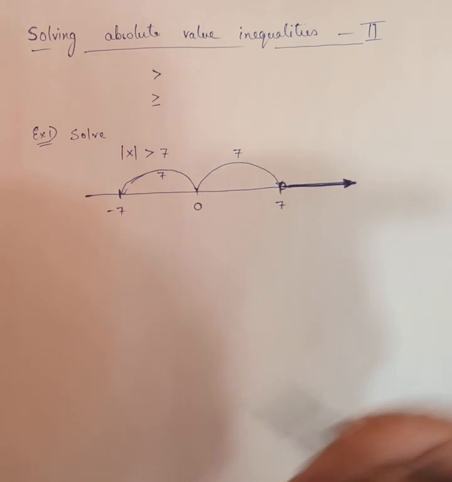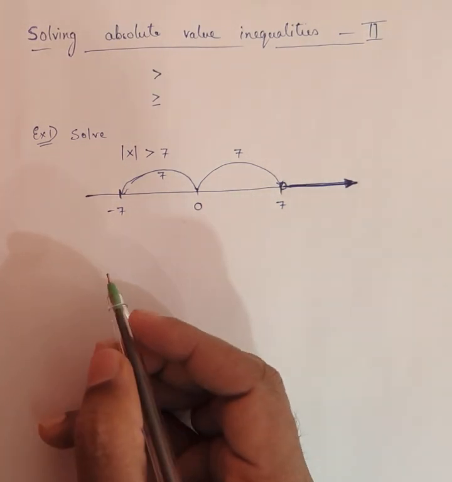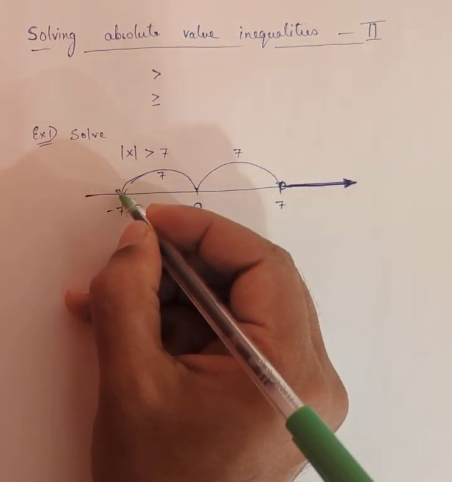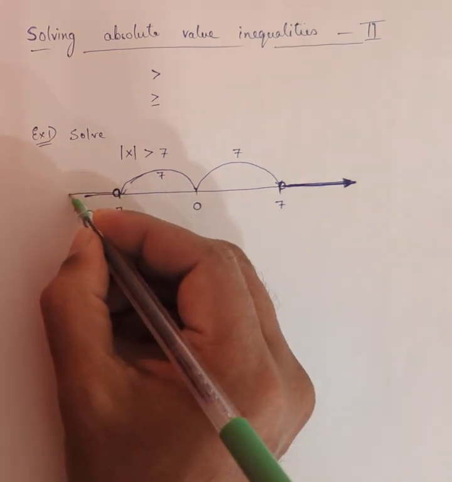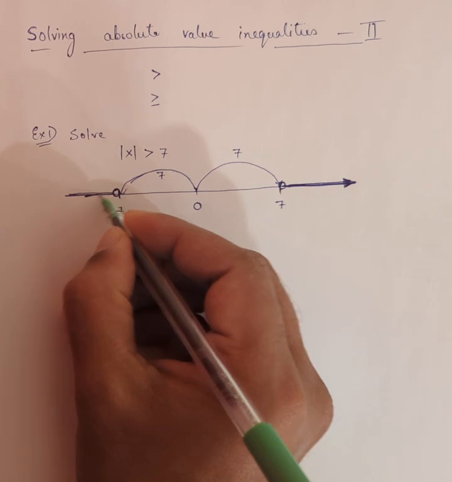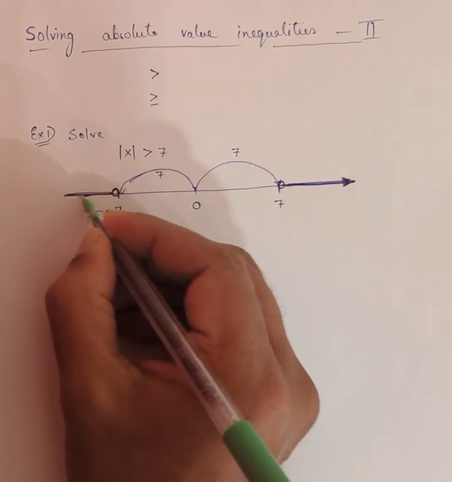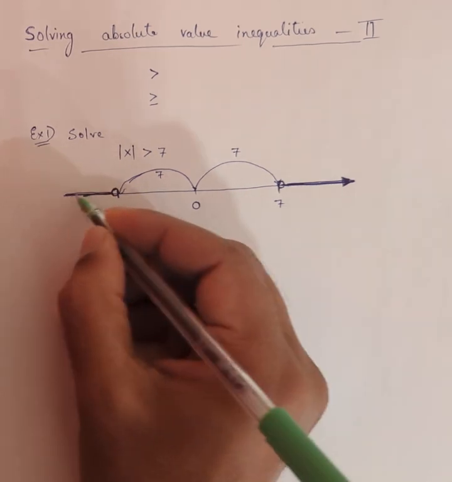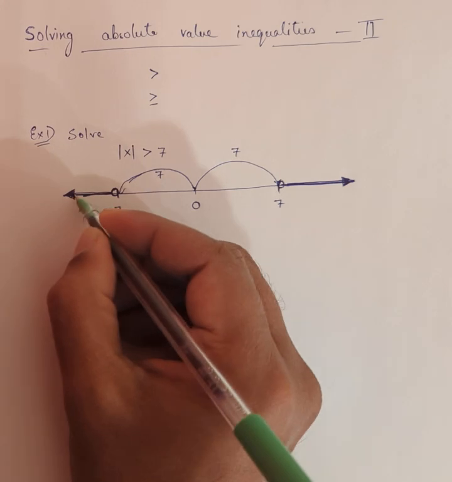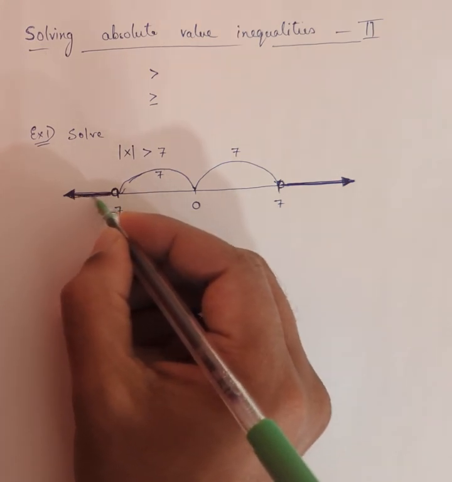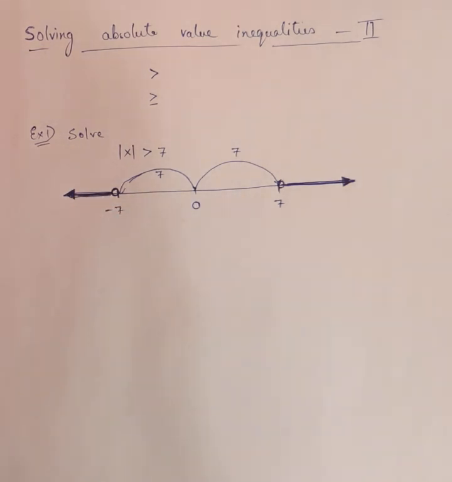So we show that using an arrow. And also notice if you go to the left of negative 7, there again you'll find numbers that are more than 7 units away from 0. So we have two separate intervals.